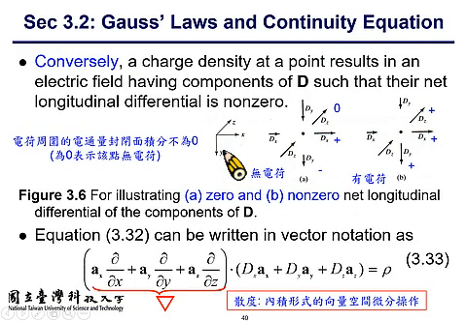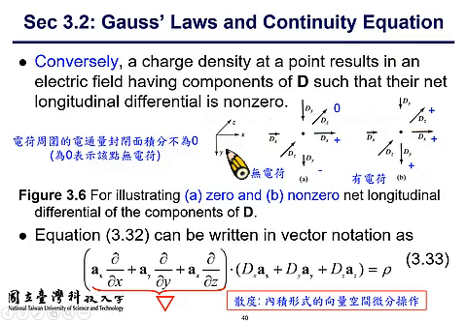So the longitudinal derivative can be expressed in terms of the dot product format. It can be expressed as the spatial derivative operator, that is the del sign, dot the field, which is the displacement flux density in this case, equals rho.